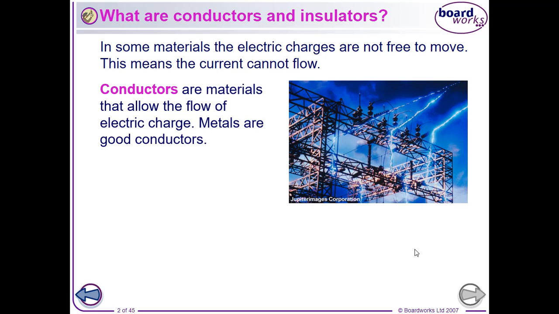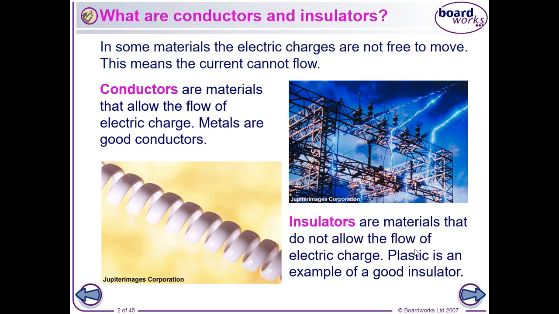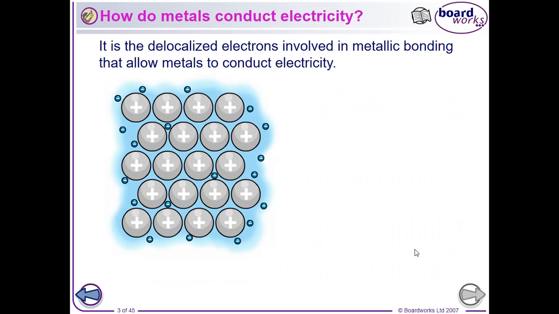Insulators are materials that don't allow electric charge to flow, and an example of an insulator is plastic, but also rubber, glass, ceramics, all tend to be insulators.